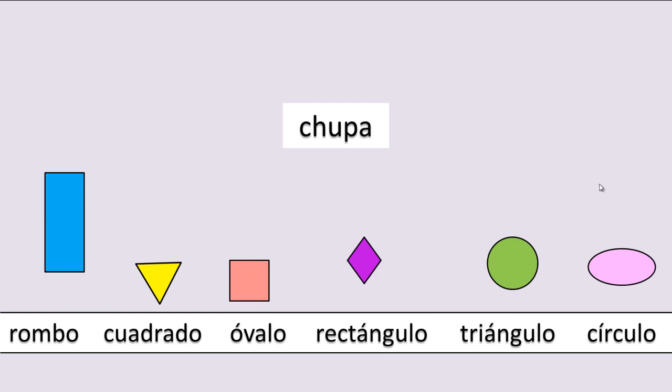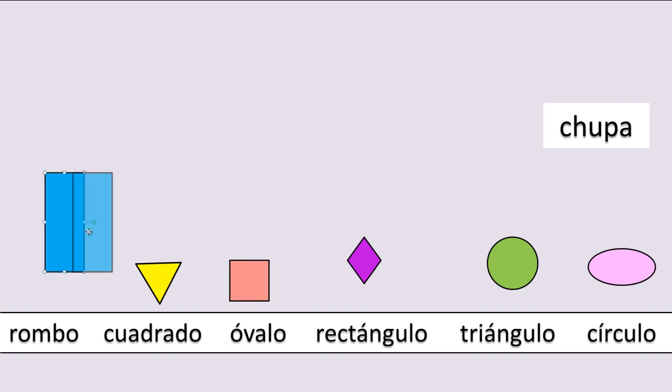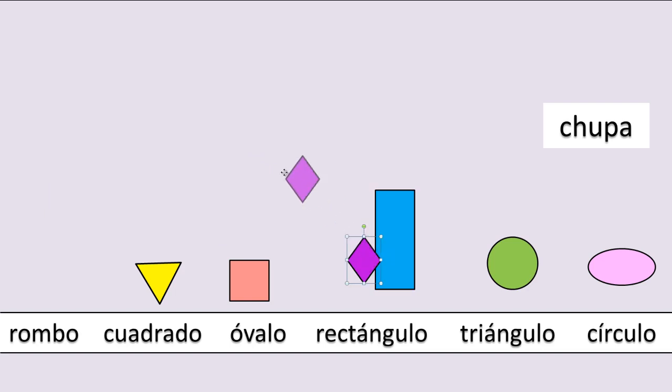The next thing I saw them making at the shape shop, la tienda de figuras, was una chupa, a sucker. Wait a minute. These things are out of order, so first let's put them in order. I did this on purpose, and I forgot I did. This is rectángulo. And look, something's in the way. What is that? El rombo.